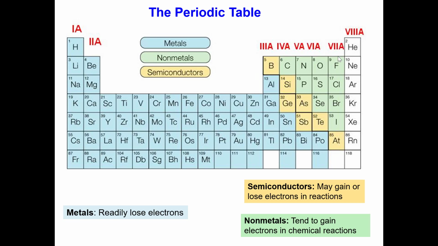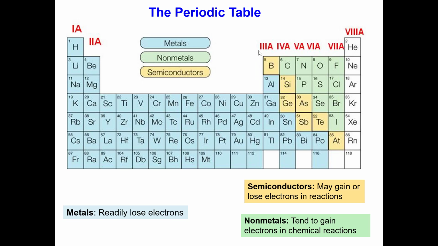In the case of group 7, they need to gain 1 electron to get 8 electrons in the last shell. It's easier to gain 1 electron than lose 7 electrons. This is why the non-metals gain electrons.